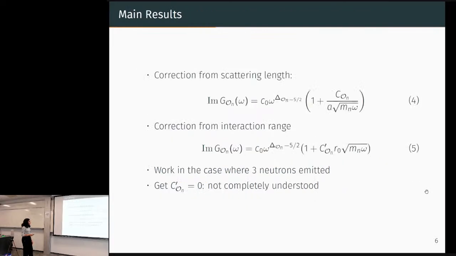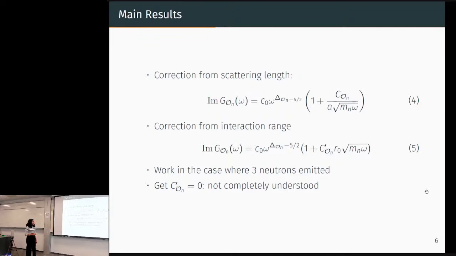So just to flash some results. It turns out that the correction from scattering length goes as 1 by square root omega, where omega would be the energy difference, E naught minus E. And the correction from interaction range should go like this. Now these formulae are just predicted from the fact that we have Galilean invariance in the problem. There is no explicit calculation needed for this prediction.